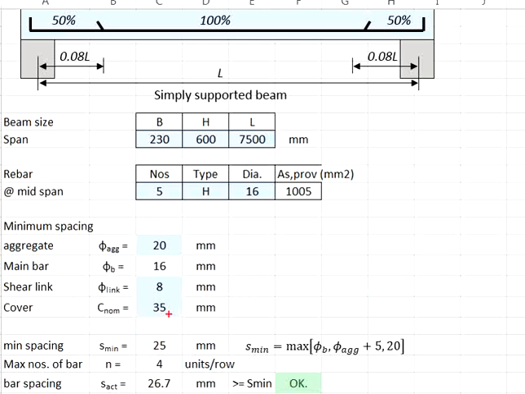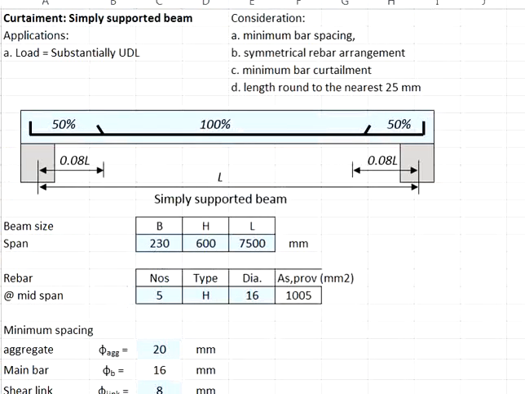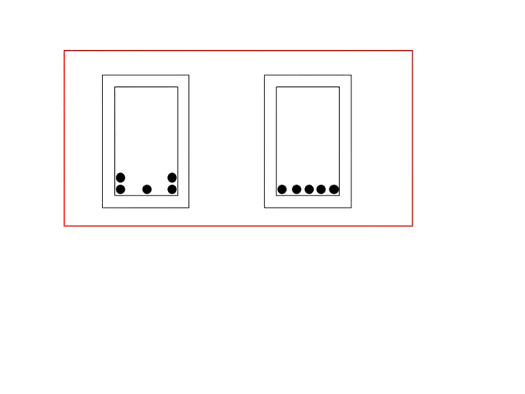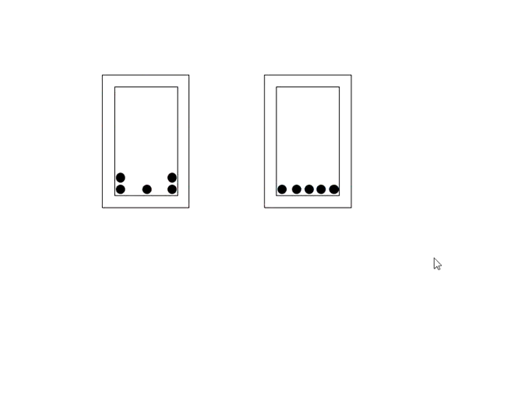And then, given the concrete cover is 35 and the size of the shelling is 8 mm. First, we will need to determine the arrangement of the reinforcement bars at the midspan. 5 units of bar H16 over the cross section. These are the potential arrangements of the reinforcement.